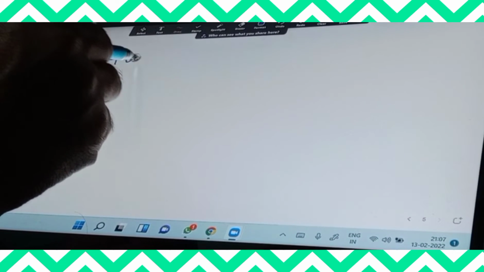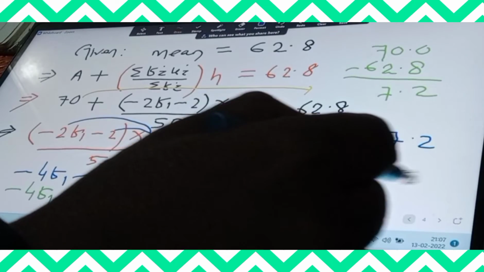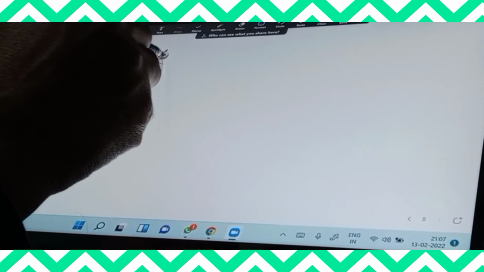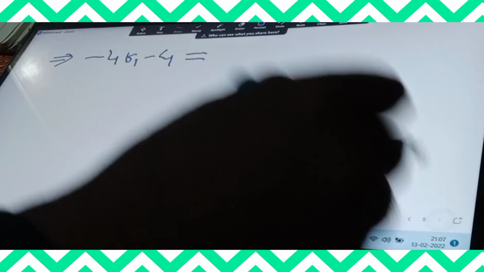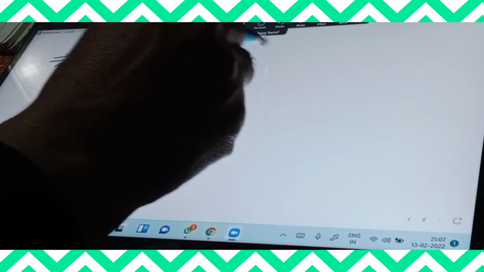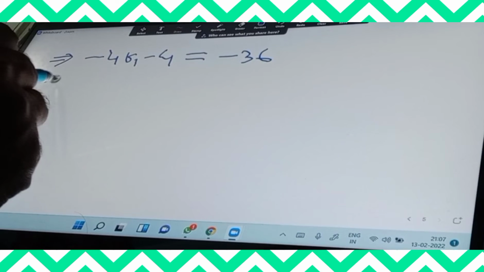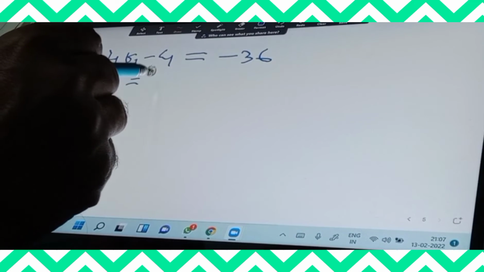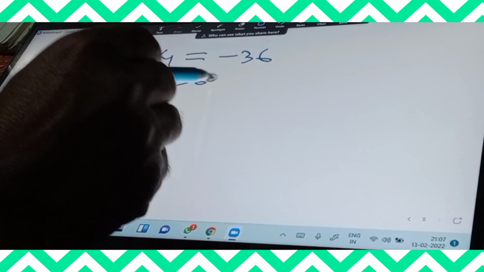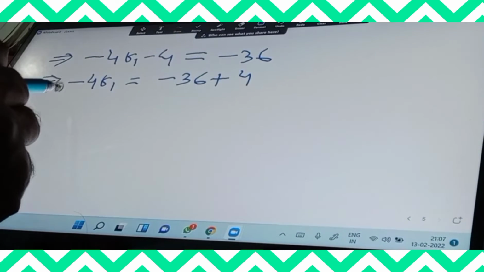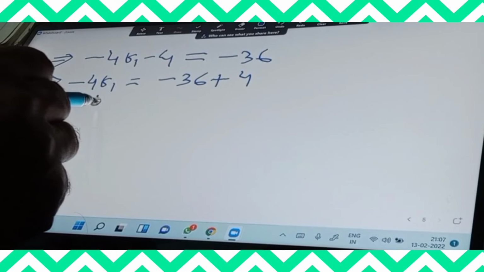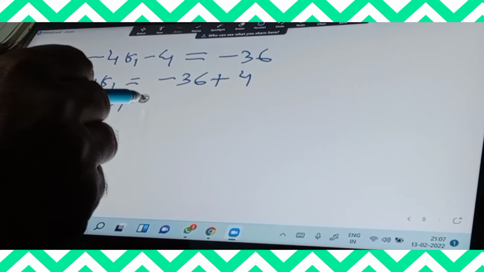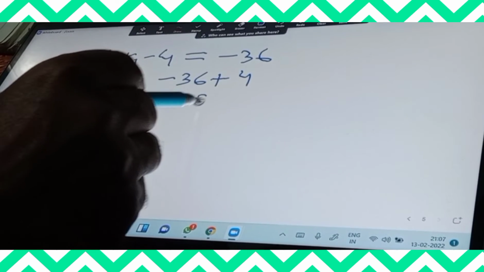That implies minus 4 f1 is equal to minus 36 plus 4. Transposing, minus 4 f1 is equal to minus 32.